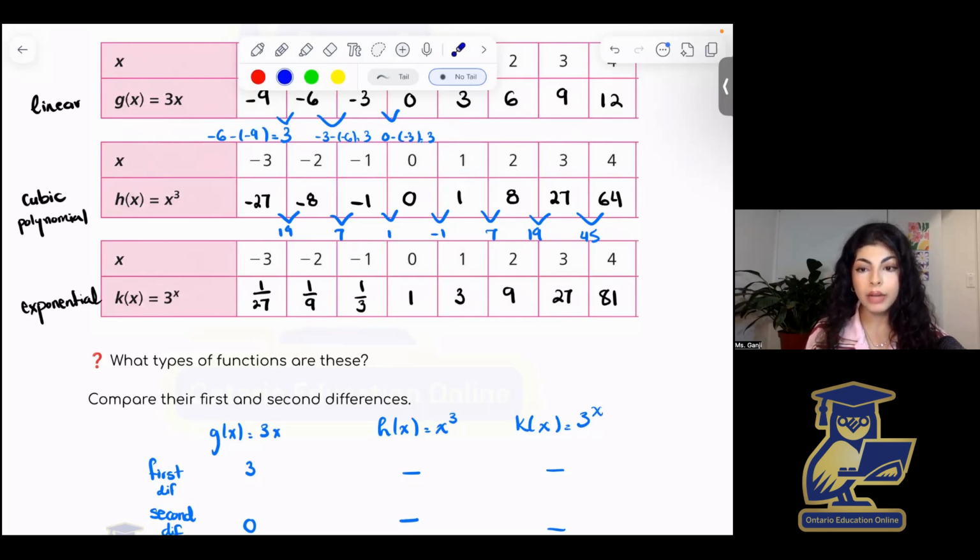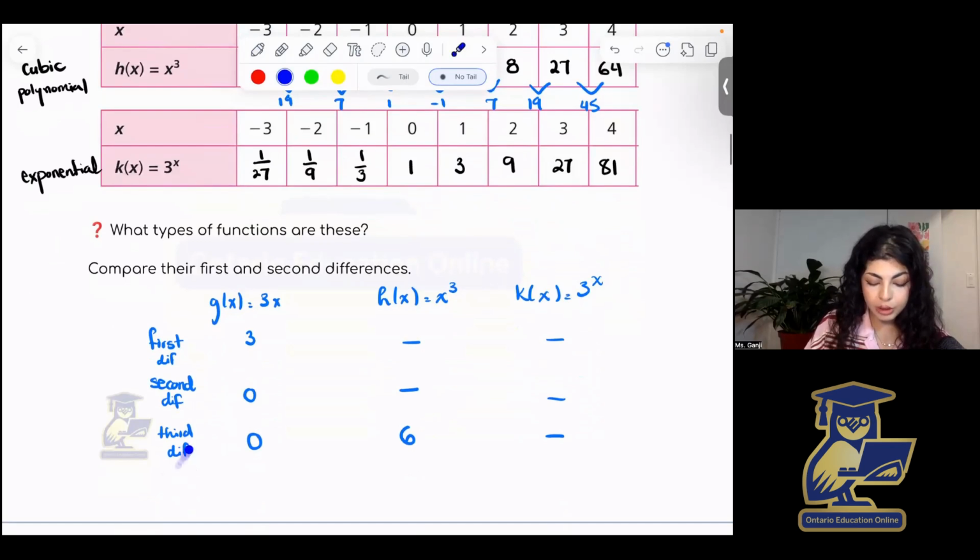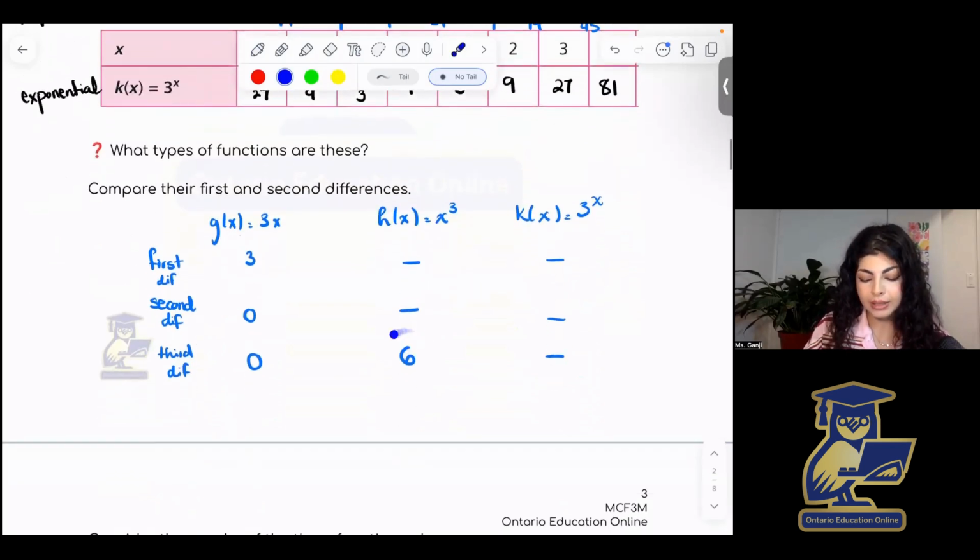But consider quadratic functions are to the power of 2, whereas here a cubic is to the power of 3. So here, if you evaluate the second difference, you would have seen that they're not equal as well. And so you would have been a little bit confused, but here's where you have to take the third difference, which is the difference of those second differences, and then you would have got that to be constant, and it would have been 6.